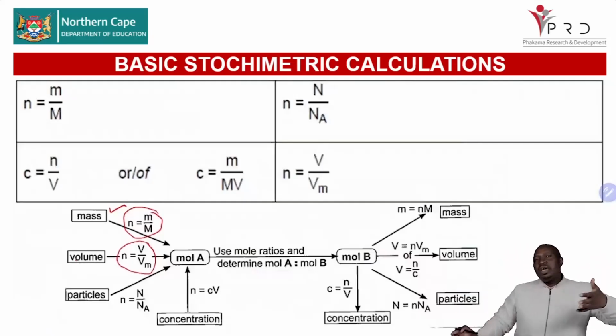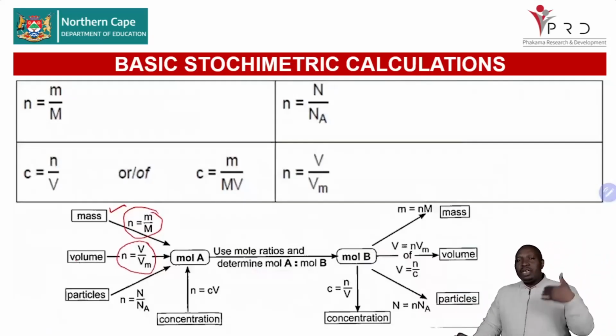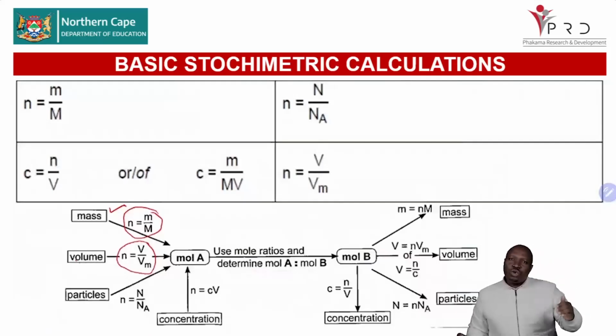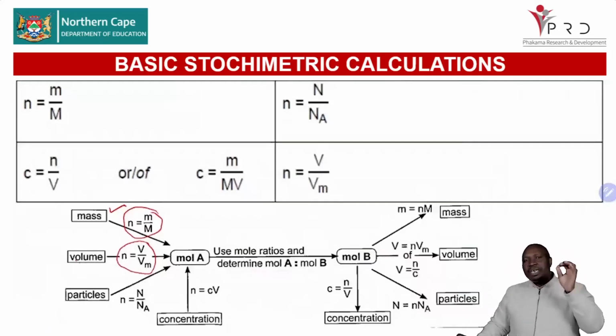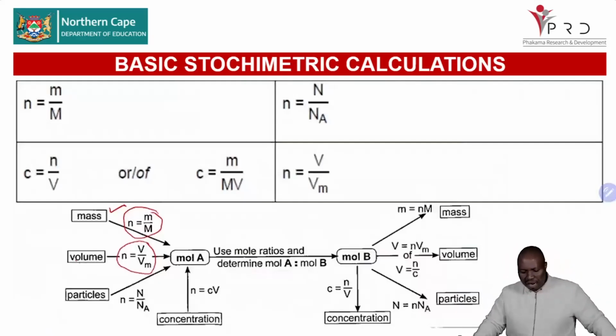And then you are able to use the molar volume of 22.4. Sometimes you'll be given a molar volume maybe of 24, which is at room temperature. Still, you can use N equals V over Vm using that molar volume that you are given. But at different temperature, the molar volume won't be 22.4. For example, it's only 22.4 at a temperature of 0 degrees or 273 kelvins.